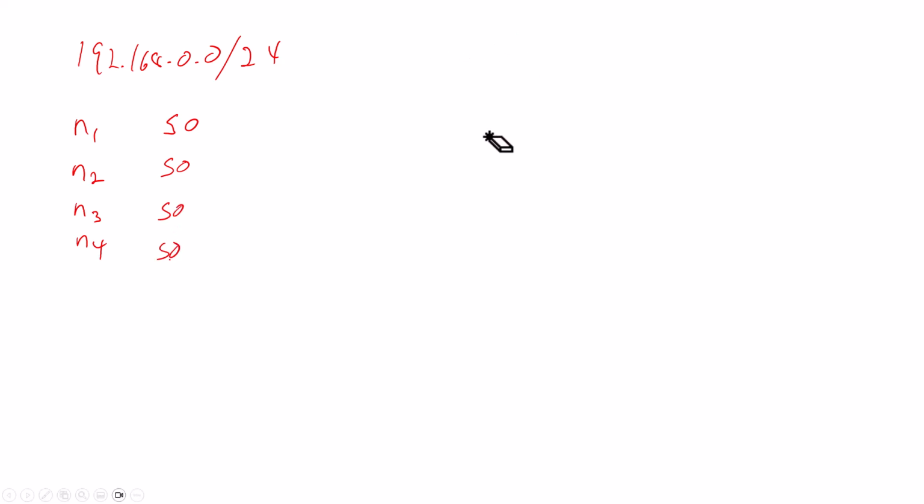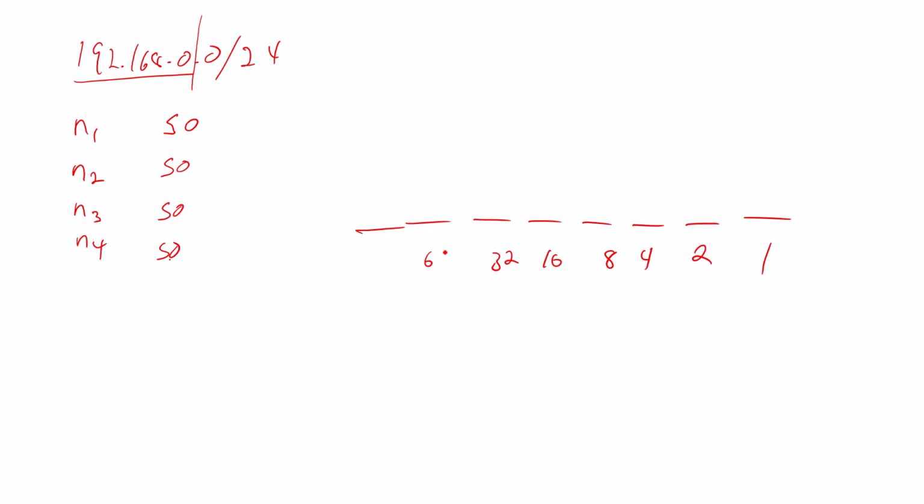Alright, so when we are looking at our 4th octet, those first 3 octets are locked in. We're dealing with the 4th octet. Two to the power of 0, 2 to the power of 1, 2 to the power of 2, 2 to the power of 3, 2 to the power of 4, 2 to the power of 5, 2 to the power of 6, 2 to the power of 7.